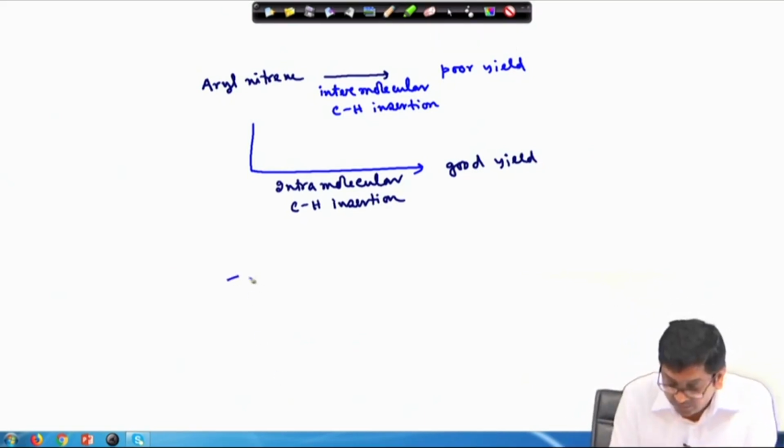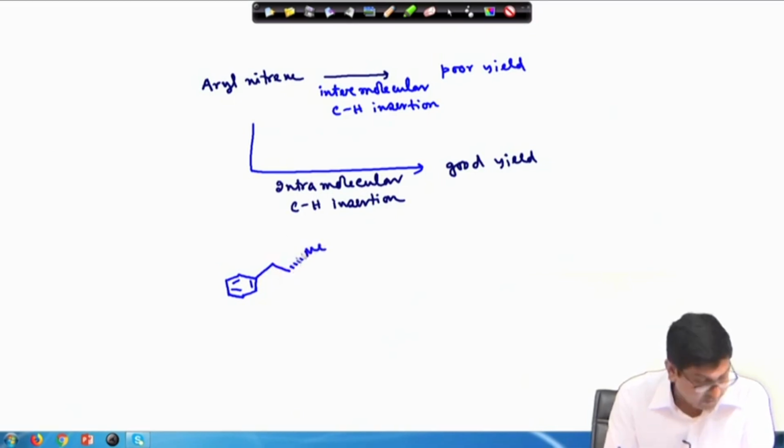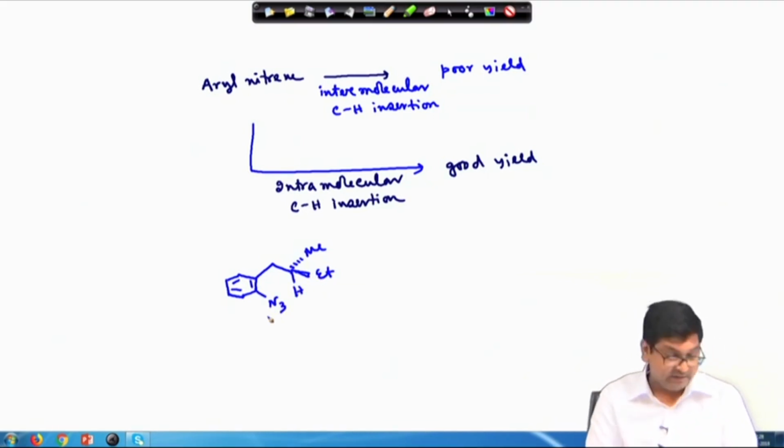As per example, if we take this substrate where we have some stereogenic center and we have aryl azide as an aryl nitrene precursor.